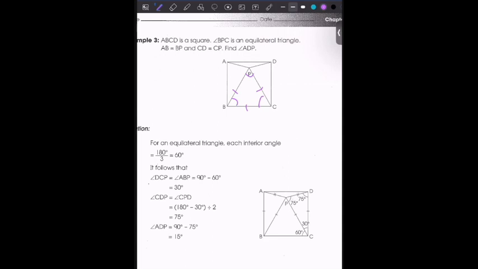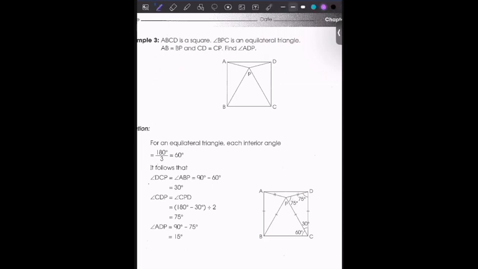And since all triangles have a sum of the interior angles of 180 degrees, if all three angles were identical, then it would be 180 divided by 3, so each angle would be 60 degrees. So we'll just keep that in mind. For any equilateral triangle, the angle is 60 degrees, and all sides are equal.